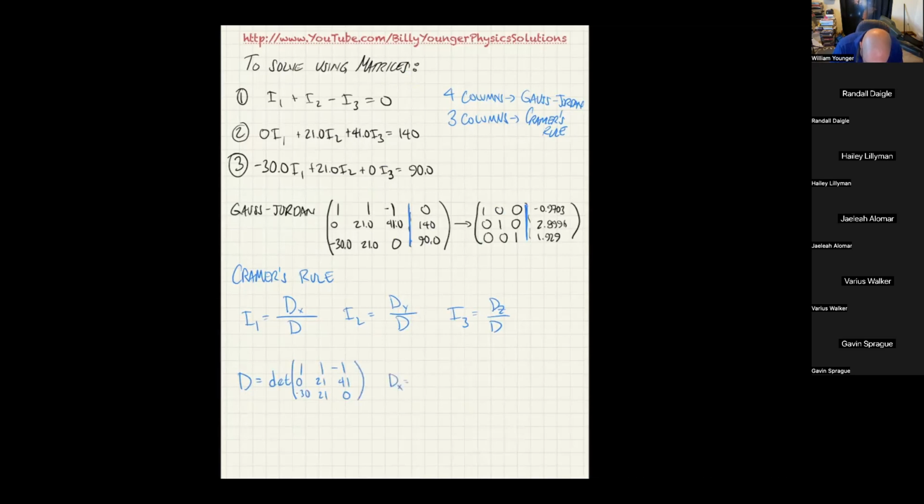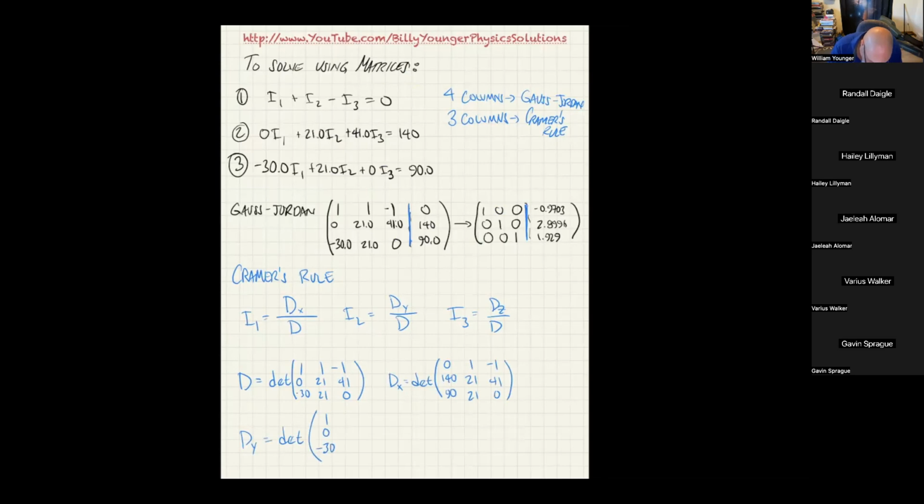dx would be the determinant of this matrix, where basically it's the same thing you did just then, except I'm going to take that first column and replace it with the answer column. So I'm going to go 0, 140, 90, and then I'll do 1, 21, 21, and negative 1, 41, 0. dy would be the determinant of, now we're going to take the original first column and turn that back to what it was, which is 1, 0, negative 30.